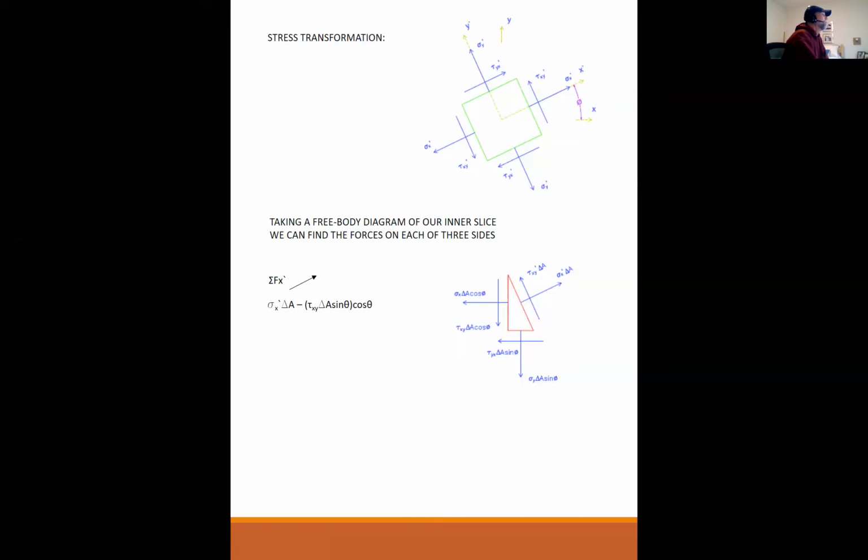Let me do this. See this vector right here? It has a component in the x prime direction. So the force is tau xy delta A sine theta, times cosine theta, which gives me the component of that vector in the x prime direction.